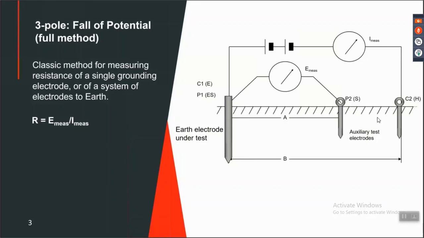Just an overview. Actually, every grounding tester in the market, I believe, has the same methodology. The earth tester generates an AC signal which is fed into the system under test.